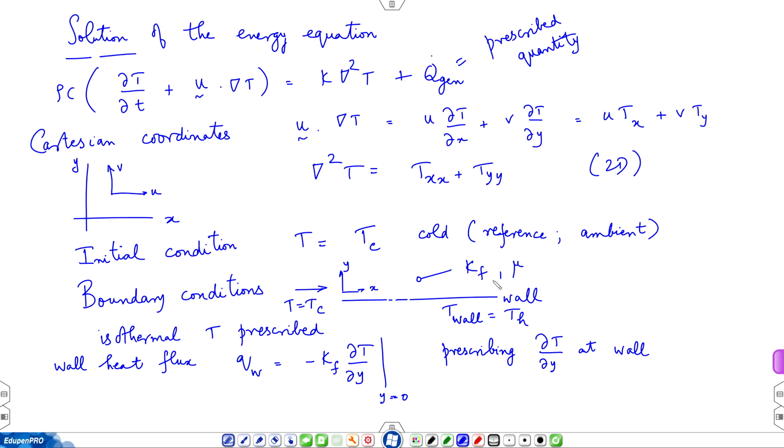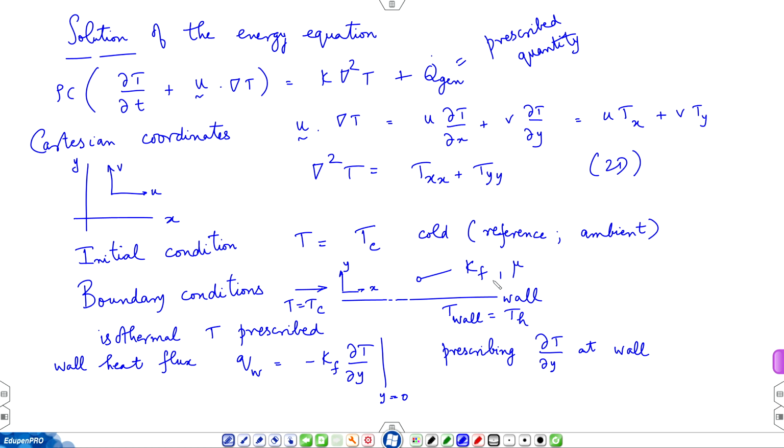Now, in some problems the wall heat flux is 0. What is that condition called? Somebody said adiabatic, I think, which is correct. If the heat flux is 0, adiabatic or insulated, these are conventional terms used in the subject of heat transfer.